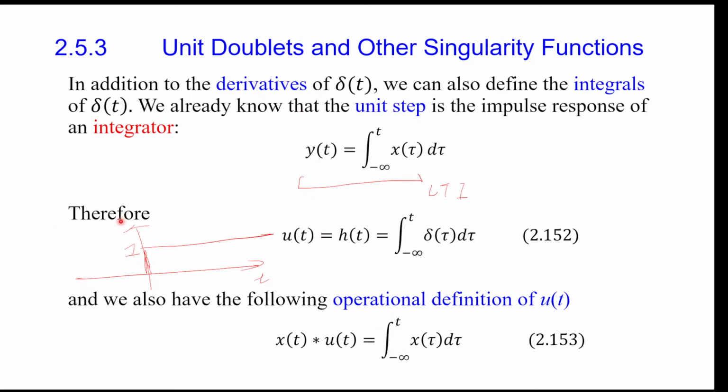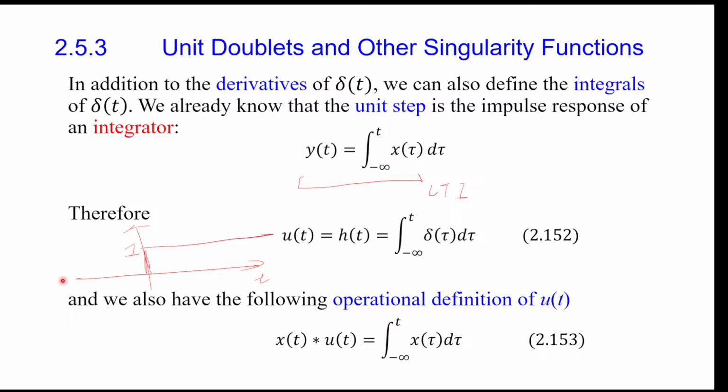I guess we already know that its impulse response is u of t. But anyway, we can do the calculation again. So u of t will be the impulse response of this system, which is equal to the integration of delta of t.